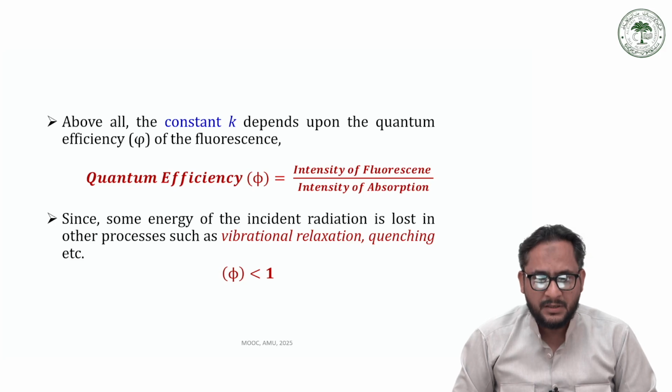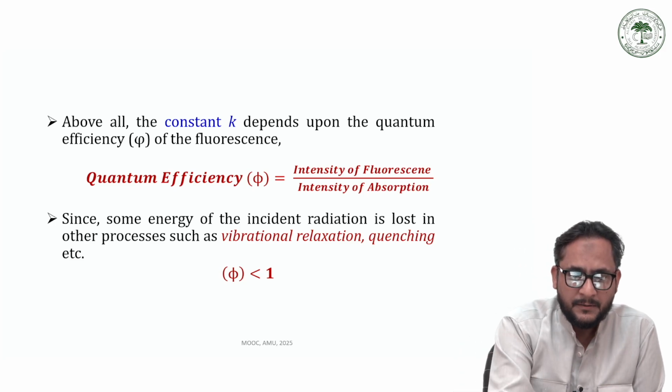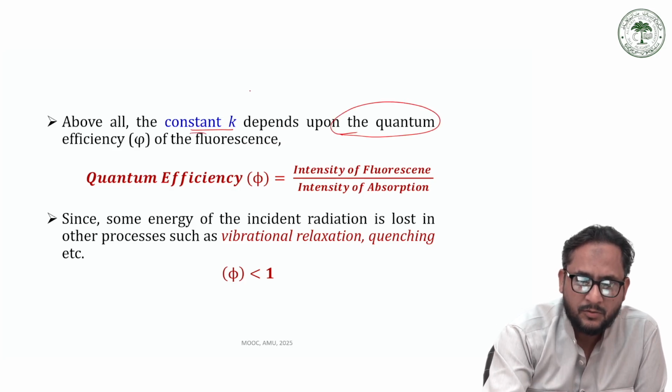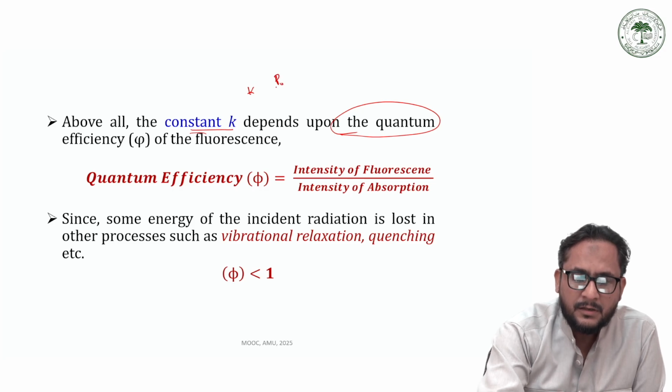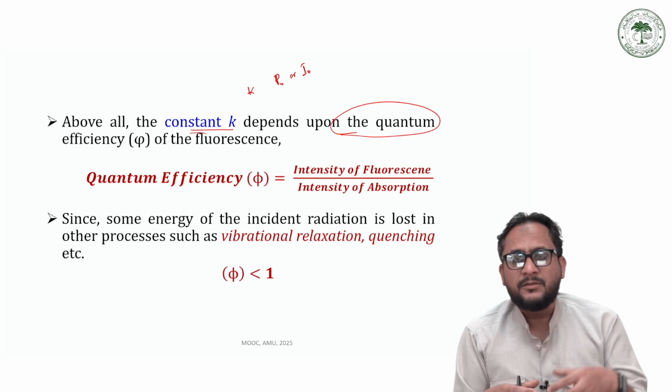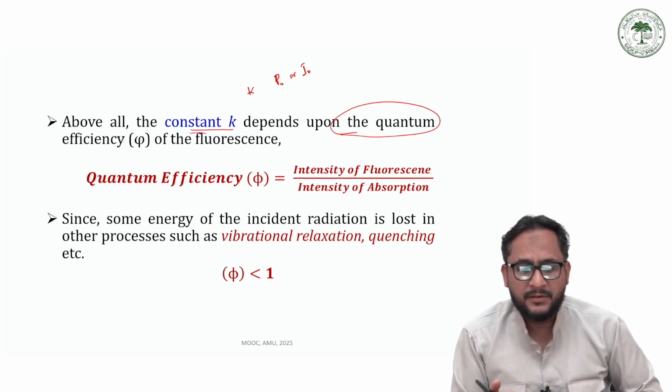Again, the quantum yield that I have already explained, the constant K also depends upon the quantum efficiency. So this K depends upon the intensity of the incident light, maybe P0, or it may be represented as I naught. Clear? If K increases, F increases.